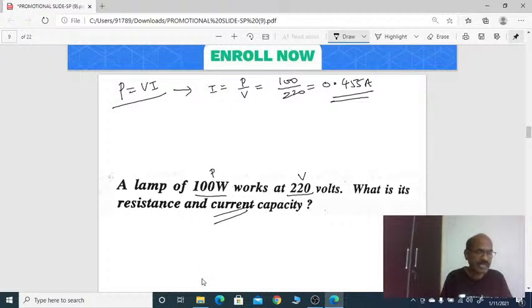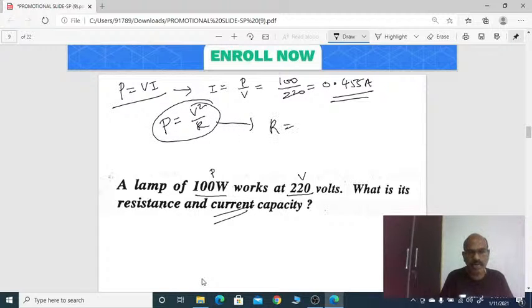Now find the resistance. We know that power equals V squared by R. From that, R equals V squared by P. V is given as 220, so 220 into 220 divided by the power, which is 100.